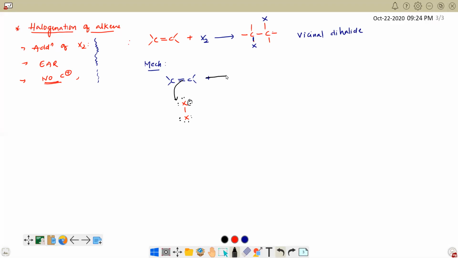See carefully: this carbon has a plus charge, and this X is carrying a lone pair of electrons. This lone pair immediately transfers to this carbocation, and this bond breaks. So we get a cyclic intermediate state.